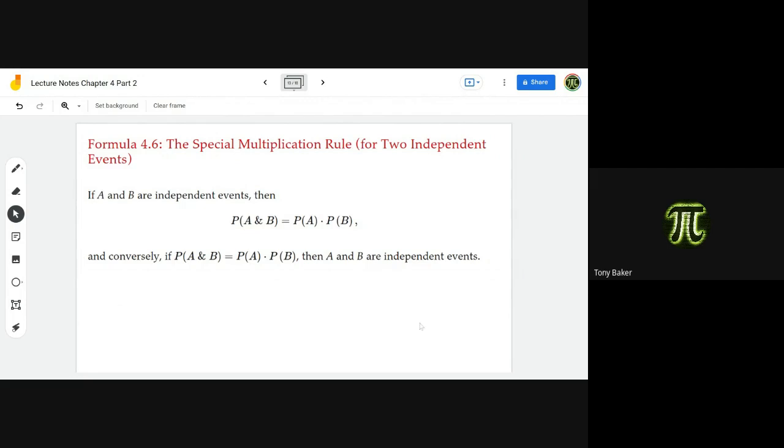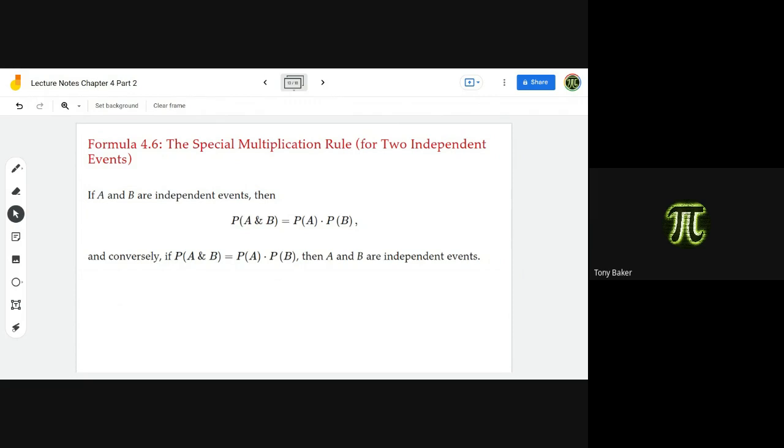So, if the two events are independent, just like we were talking about with the addition rule and mutually exclusive, if the two events are independent of each other, which means one event does not have any impact on the other one, I can just multiply them to get the probability of the two events happening.